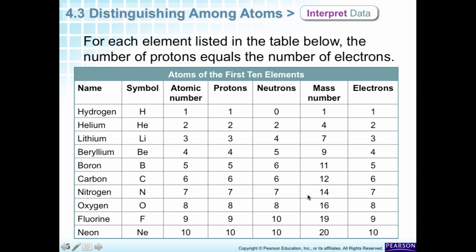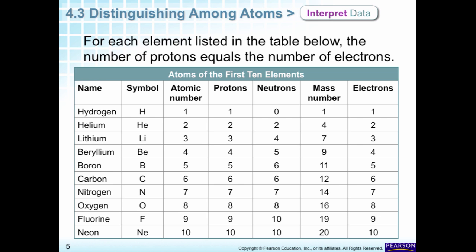All right, so let's look at this chart. We have a mini periodic table here from hydrogen to neon, and we see the first 10 elements. We see the atomic number increases 1 through 10, so that corresponds to the number of protons each of those elements have.